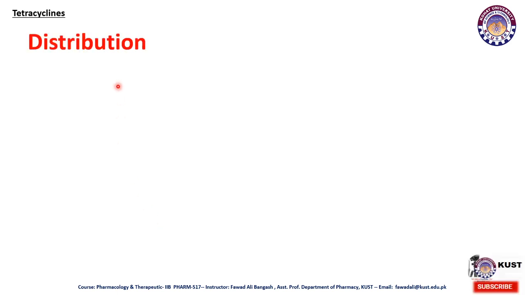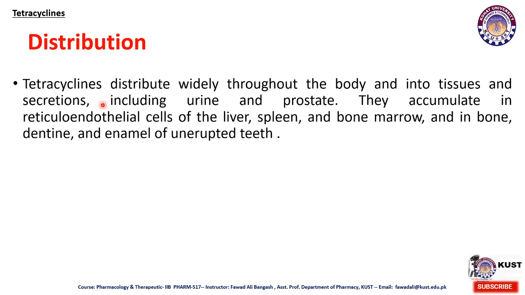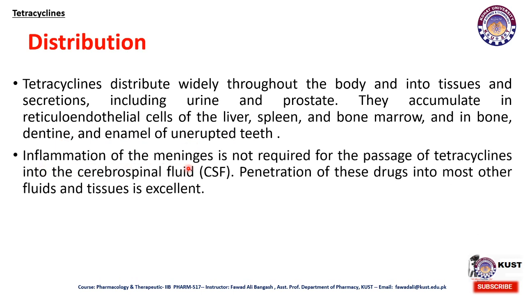Distribution. They are widely distributed throughout the body, secretions, urine, and prostate. They accumulate in reticuloendothelial cells of the liver, spleen, and bone marrow, and in the enamel of unerupted teeth. Inflammation of the meninges is not required for the passage of tetracycline into the cerebrospinal fluid.